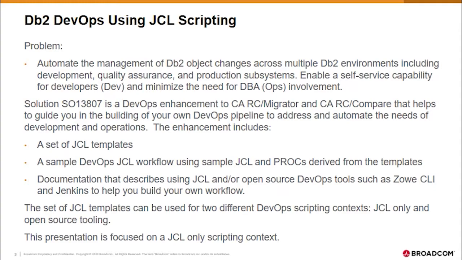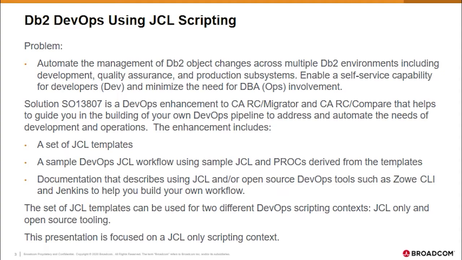To address this problem, we have published an enhancement PTF for the CA Migrator and RC Compare products to help guide you in the building of your own DevOps pipeline. The enhancement includes a set of JCL templates, a sample DevOps workflow implementation using JCL, and documentation describing both a JCL and open source tooling approach to building your own workflows.